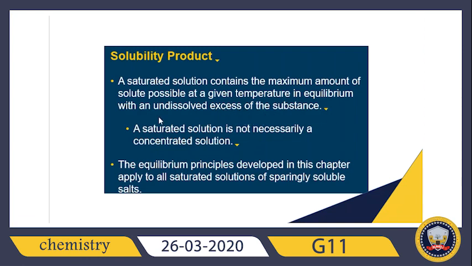Now, as we know guys, sodium chloride is a kind of chloride that is highly soluble, so it will dissociate into its ions quickly and it will reach saturation. But before it reaches saturation, after you add a certain amount of this salt, it will probably become concentrated, right?